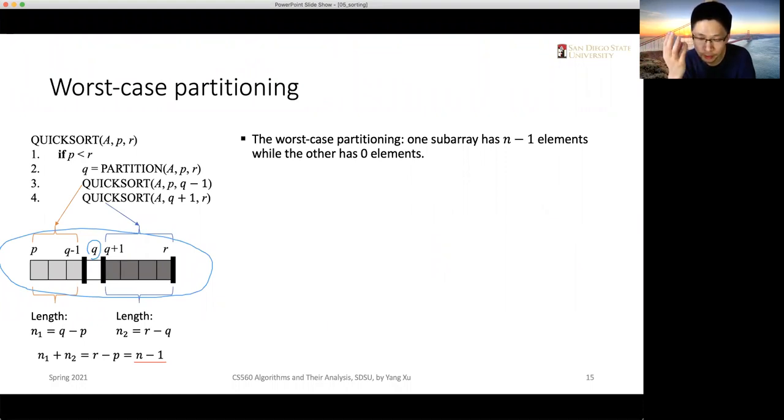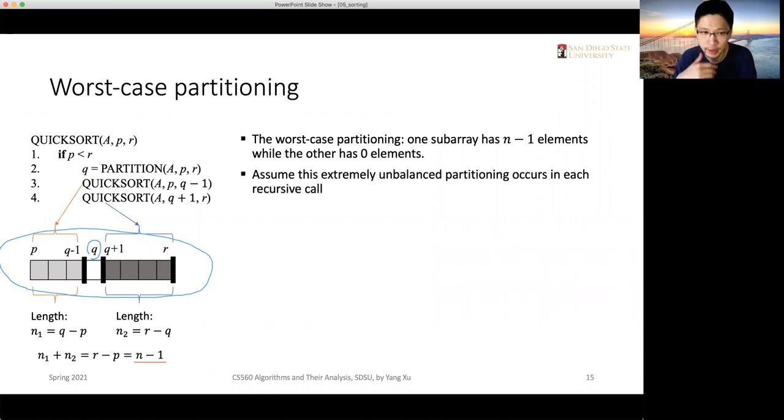That is the worst partition result we can have. So let's assume this most extremely unbalanced partitioning occurs in every recursive call. We must be very unfortunate for that to happen. Whenever the partition procedure is called, it always results in this most extremely unbalanced partition.